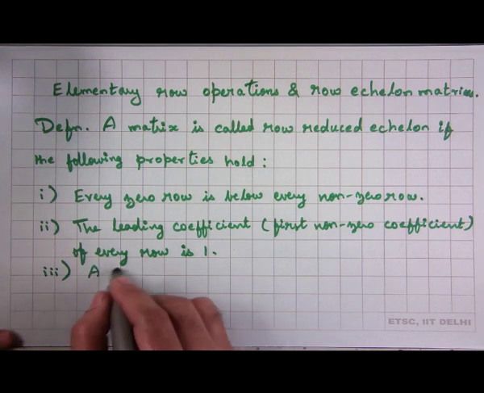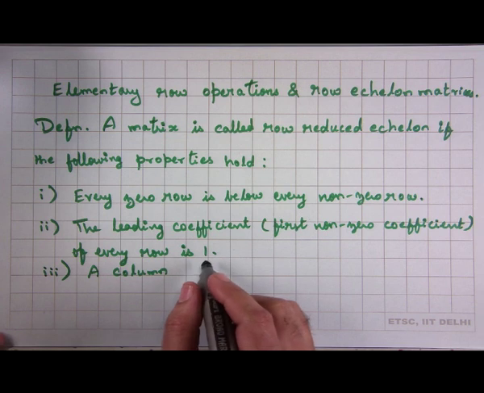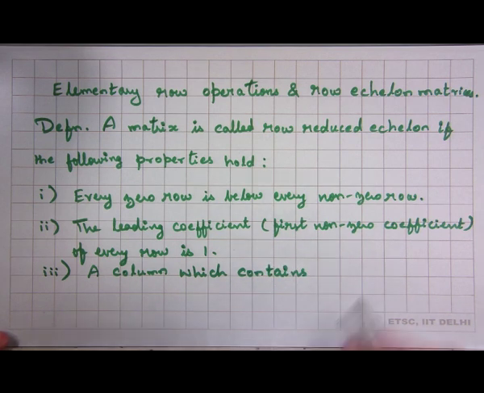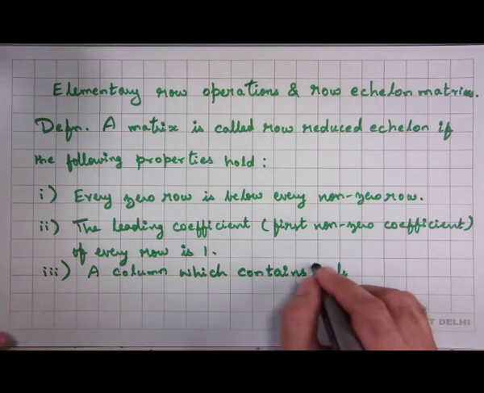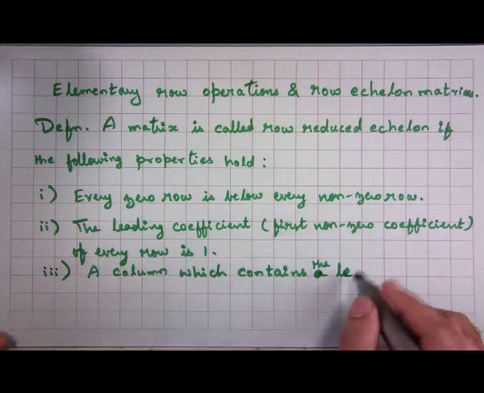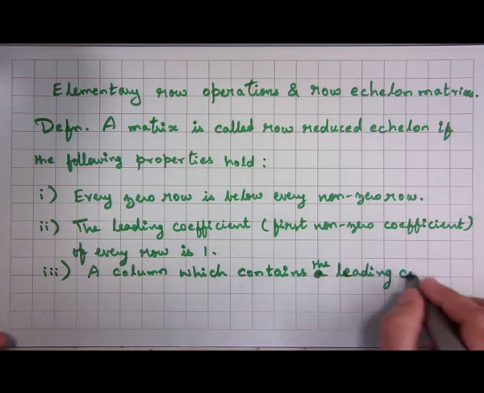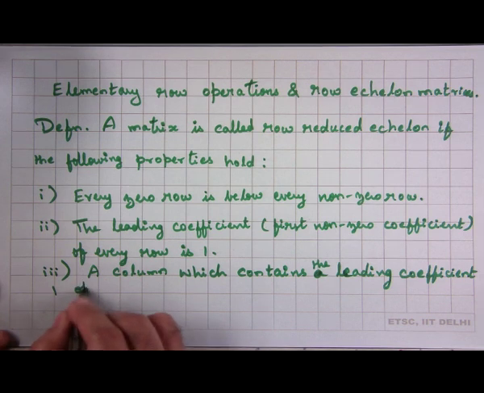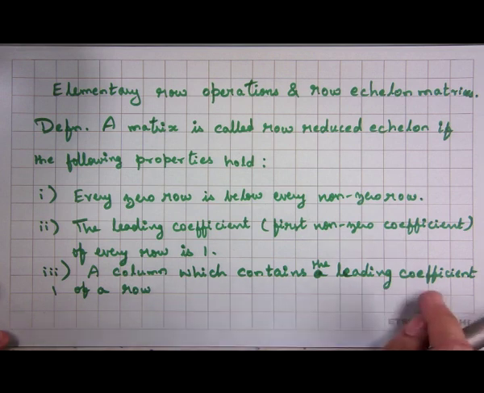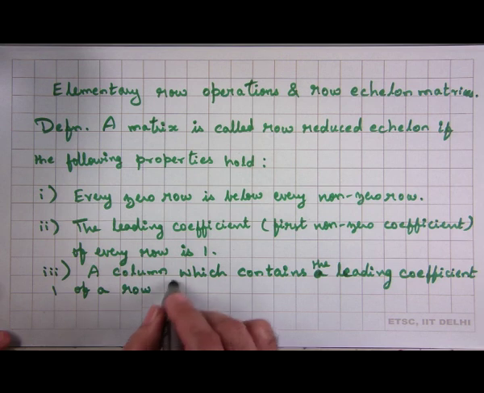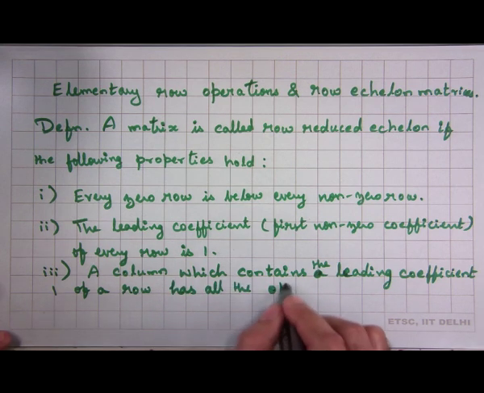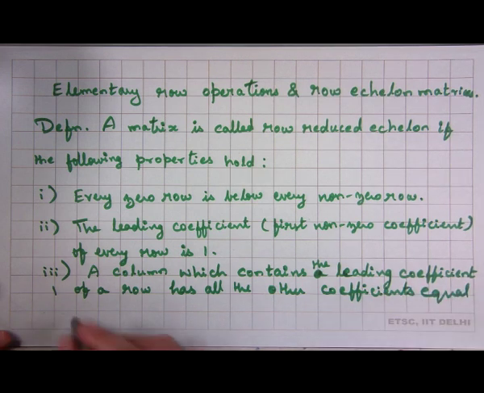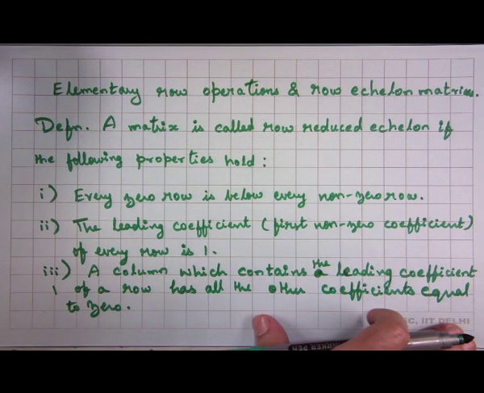Well, the third one, a column which contains a leading non-zero entry, that is the leading coefficient 1 of a row, has all the other coefficients equal to 0. Right. So, you have 3.